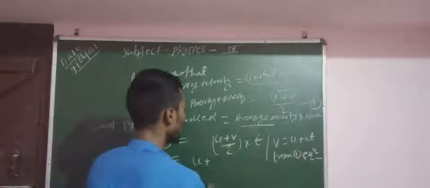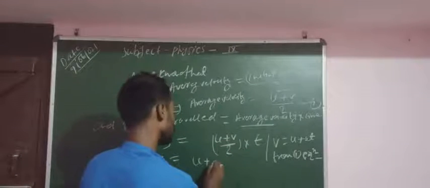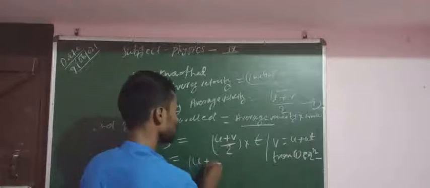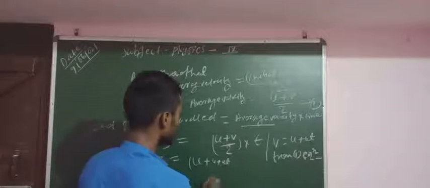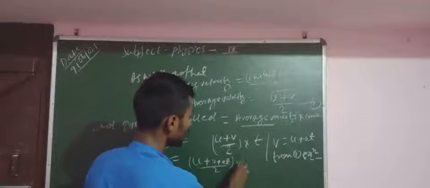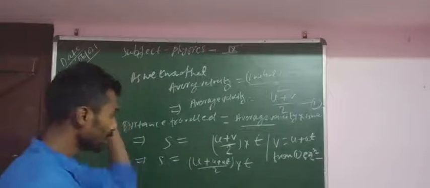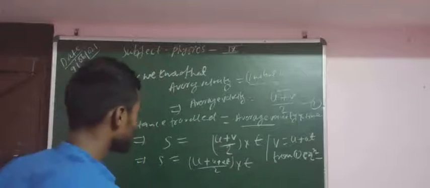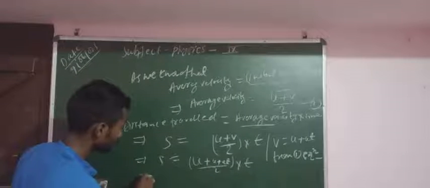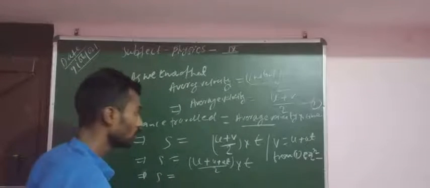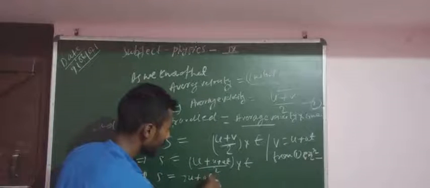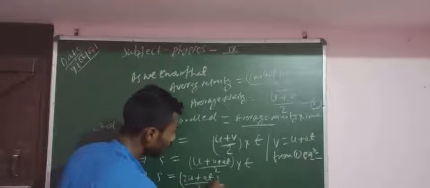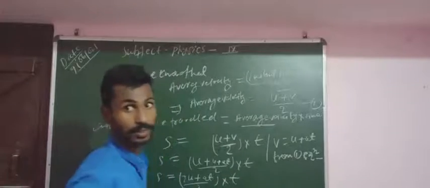That means (u plus u plus at) by 2 into t. So s will be equal to (2u plus at) by 2 into t.